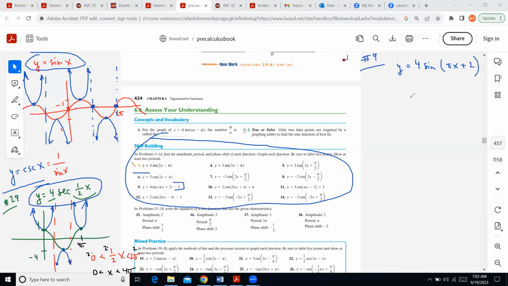So now I just care about the graph of function sine, and what I need is to put this pi x plus 2 in between 0 and 2 pi as usual. So that's my first step, between 0 and 2 pi. So I will see the graph of function sine, where it starts, where it ends, and also top and the bottom.